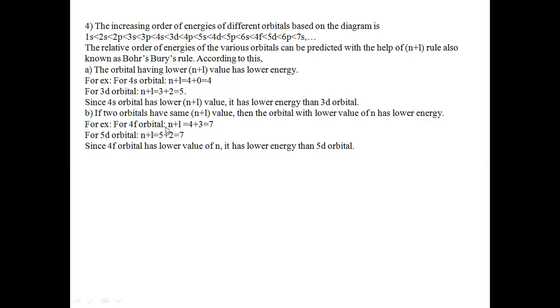So this 4f orbital will be having lower energy. We conclude that since the 4f orbital has lower value of n, it has the lower energy than the 5d orbital. Why? Because it is having a lower value of the principal quantum number n.